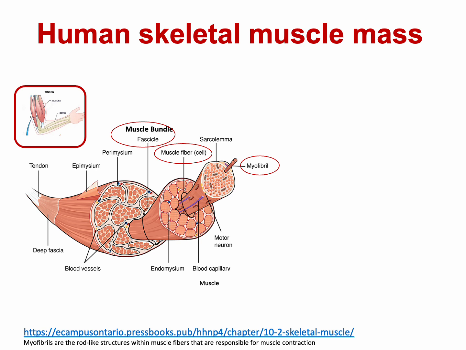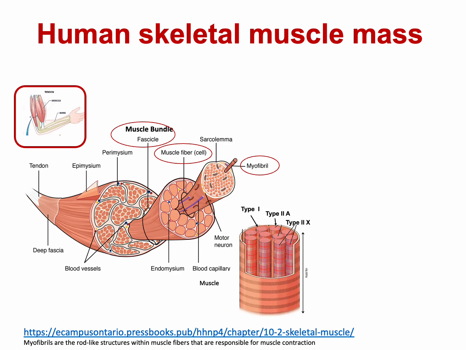The thing is that each of these muscle fibers are not all the same. They can differ and have two main types, type 1 and type 2. And type 2 is subdivided into type 2A and type 2X. They are categorized based on the speed at which the fibers contract compared to the other fibers and the method by which they regenerate ATP, which is the energy source of muscle.